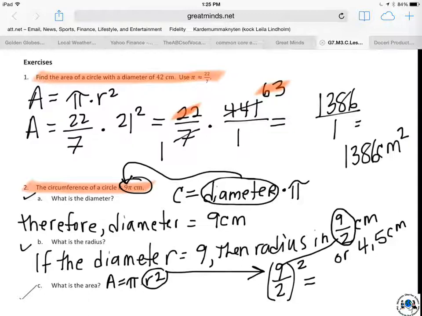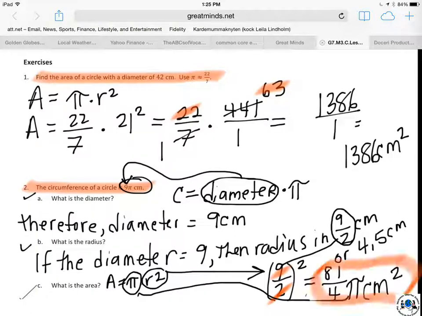Therefore I put it in the parentheses. I square 9 for my numerator, and square 2 for my denominator, and that comes out as 81 over 4. That is 9 over 2 squared. And then here comes my pi centimeters squared.